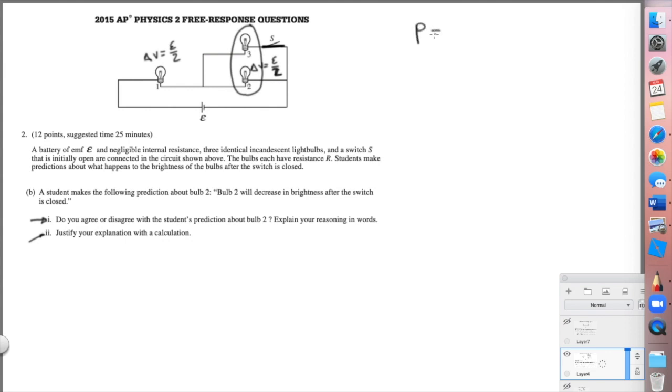And we want to reference this power equation, delta V squared over R. There is a decrease in total resistance from that point to that point. The resistance drops, and therefore the voltage will drop. More of the voltage will be across bulb number 1, less of the voltage will be across bulbs 2 and 3. Okay, now let's prove this with a calculation.